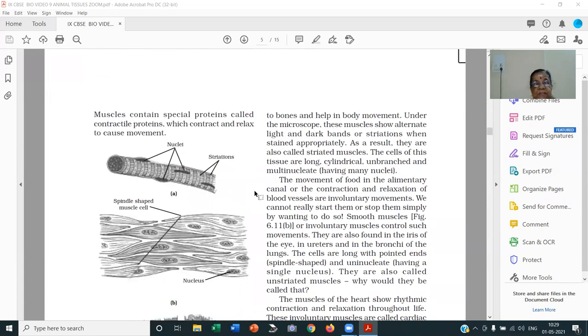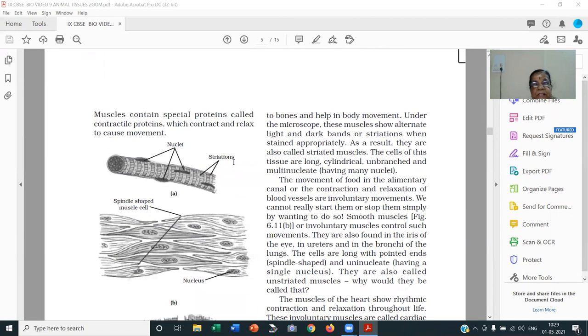I hope you follow this. So here, first one, as I said, muscular tissue, it is of 3 types: striated muscle, unstriated muscle, and cardiac muscle. Now this striated muscle, as I said, it has striations of muscle protein, muscle fibers as dark and light bands.